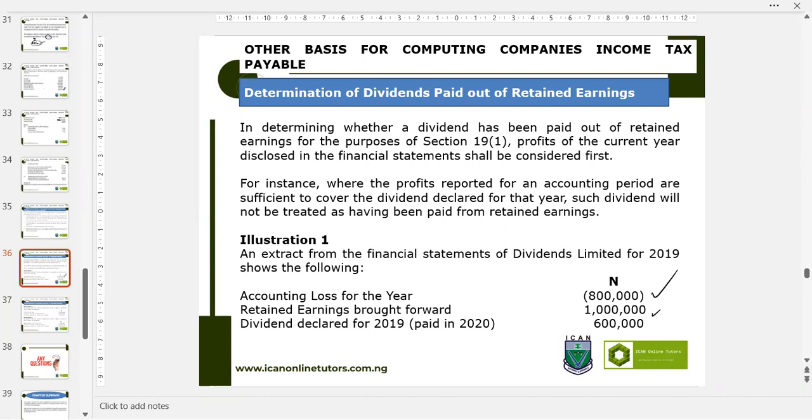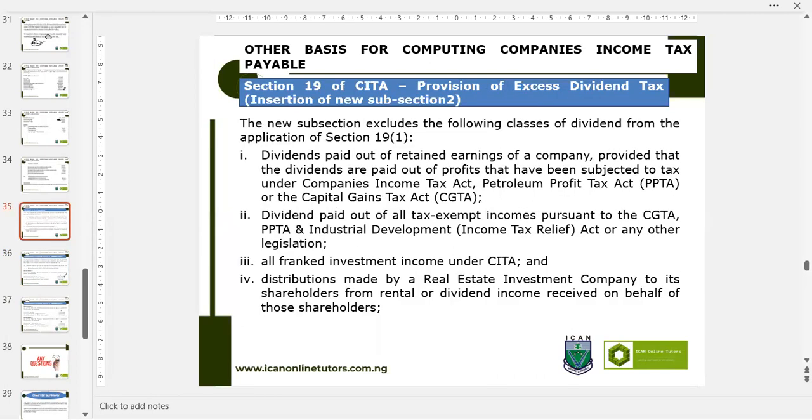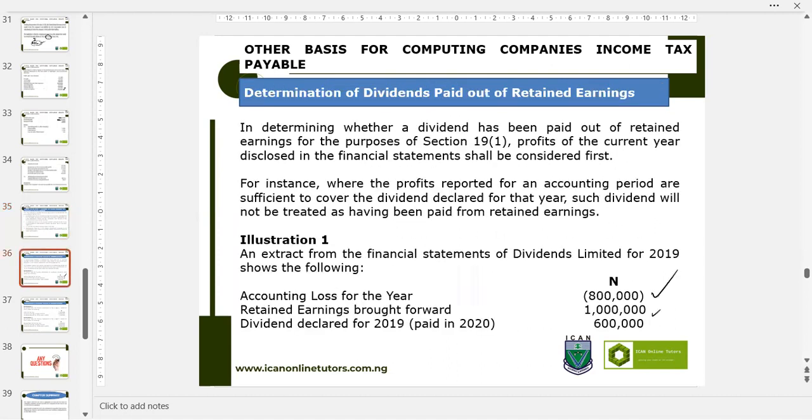And what does the law say when dividend was paid out of the retained earnings? Dividend paid out of retained earnings of a company, provided that the dividend are paid out of profits that have been subjected to tax under Companies Income Tax. So this dividend of 600,000 is obviously paid out of a profit that had already been subject to Companies Income Tax in 2019, because we are now in the 2020 year of assessment.